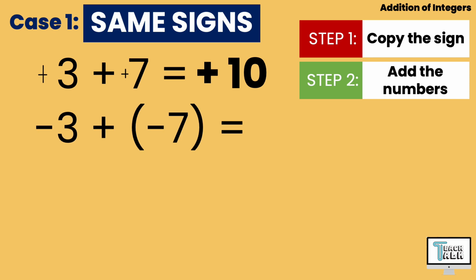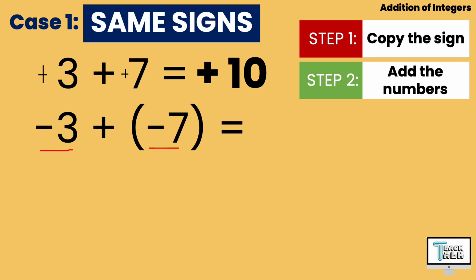Let's have another example. Negative 3 plus negative 7. Now, in this case, may negative numbers na tayo. Tingnan natin yung dalawang numbers na pinag-a-add natin. Yung first number natin is negative 3. Yung second number natin is negative 7. Question, magkapareho ba sila ng sign? Yes, pareho silang negative, right? Now, ano yung first step natin?